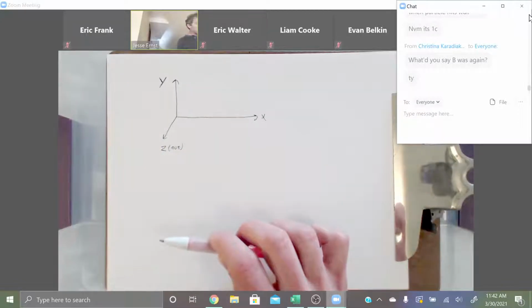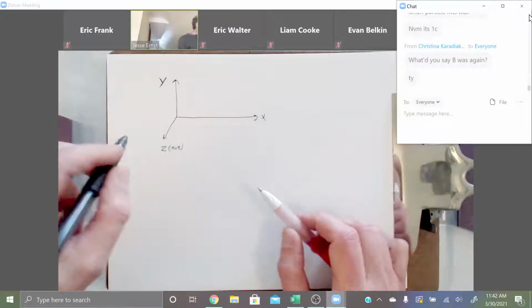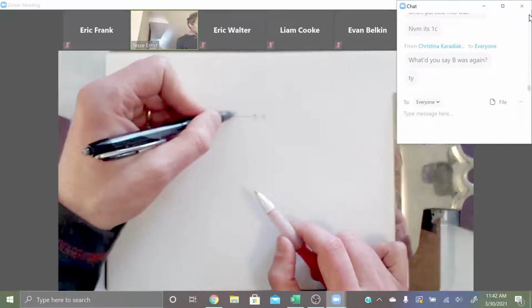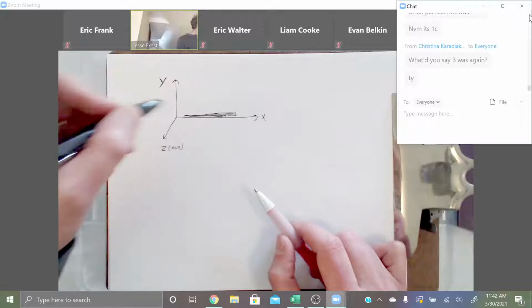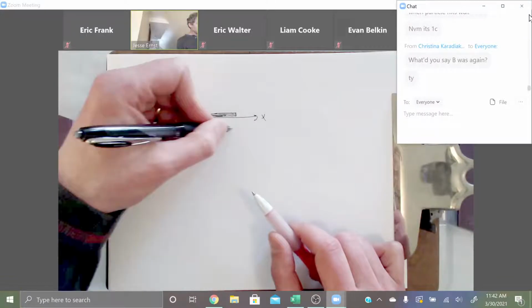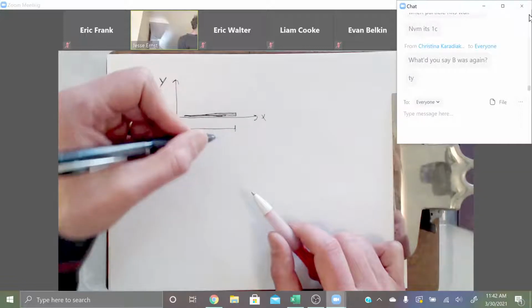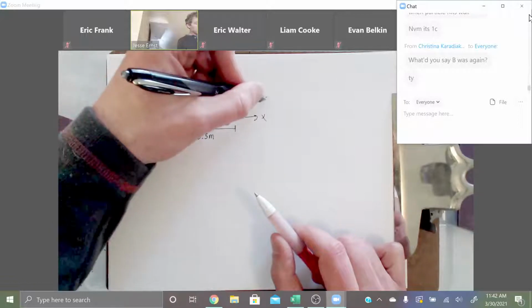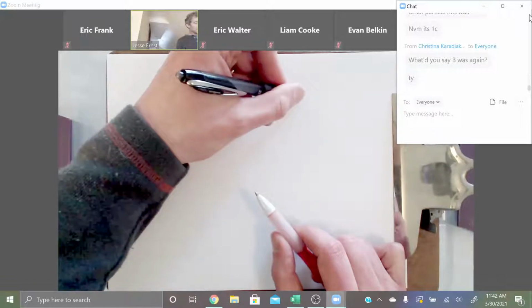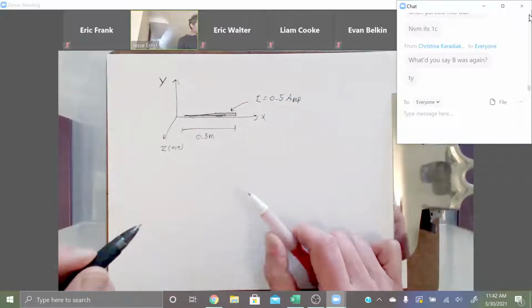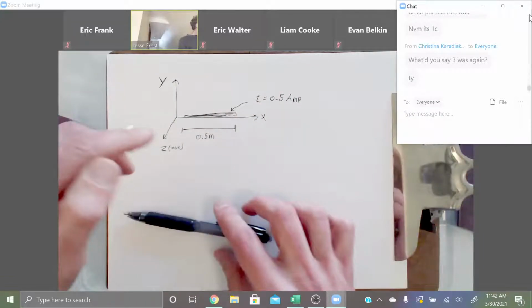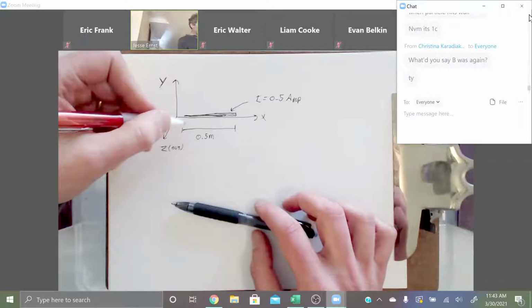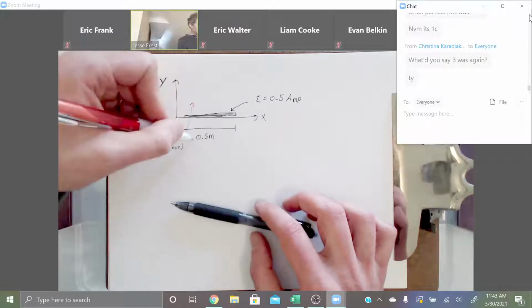And let's just say that we have a wire of length half a meter, and it's carrying a current of half an amp. And let's say there's a B field in the direction of a mix of J and K, so it is pointing kind of into the page.